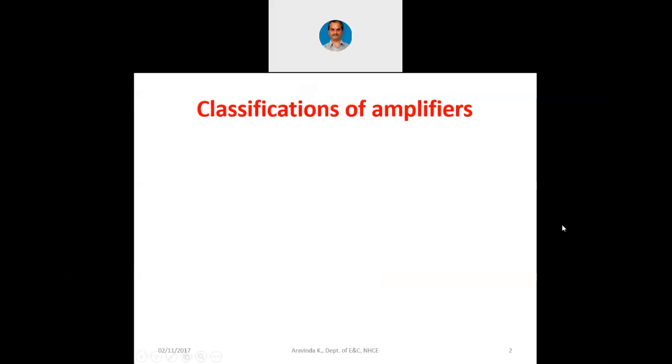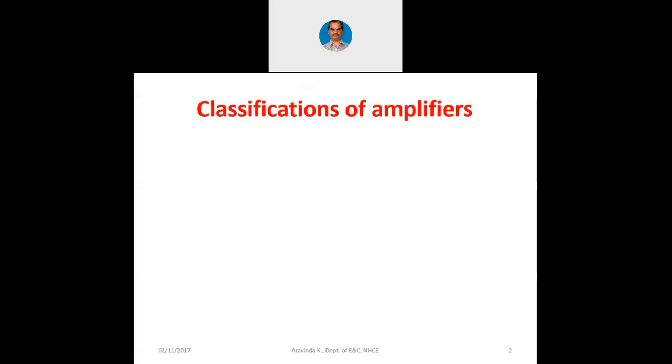Let us see how amplifiers are classified in another way. Amplifiers can be classified in so many ways, based on the feedback also, based on the region of operation also. So we had seen 4 classifications of amplifiers in the previous module, like voltage amplifier, current amplifier, transconductance amplifier, transresistance amplifier.